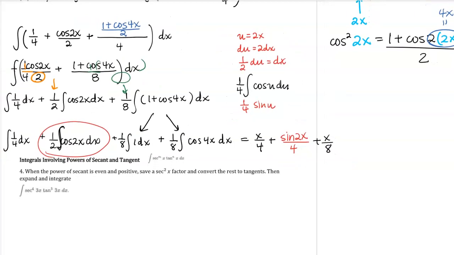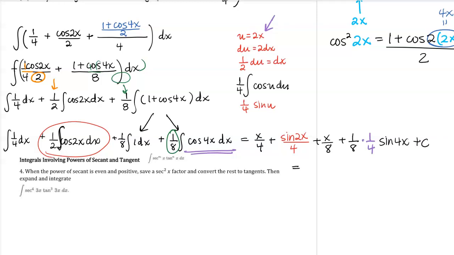And then for that last integral, I'm going to get something similar. So watch this. There was already a 1/8 out in front, right? This integral here with the 4x is going to be a lot like this integral in red with the 2x, except that u would be 4x. So instead of a 1/2 out front, we'd end up with a 1/4 out front. That needs to go with the 1/8 that was already there. And this will still be sine 4x plus c.